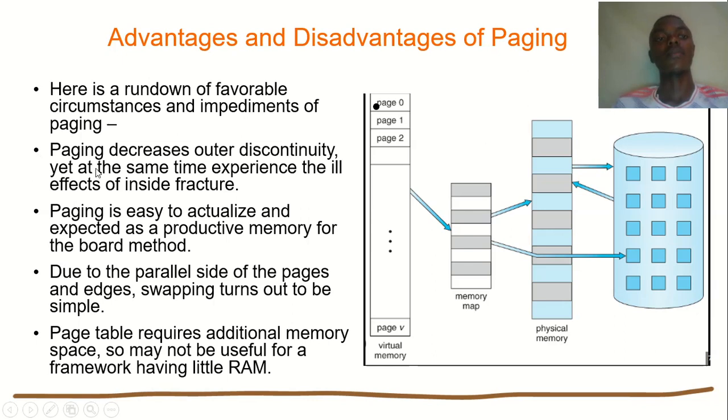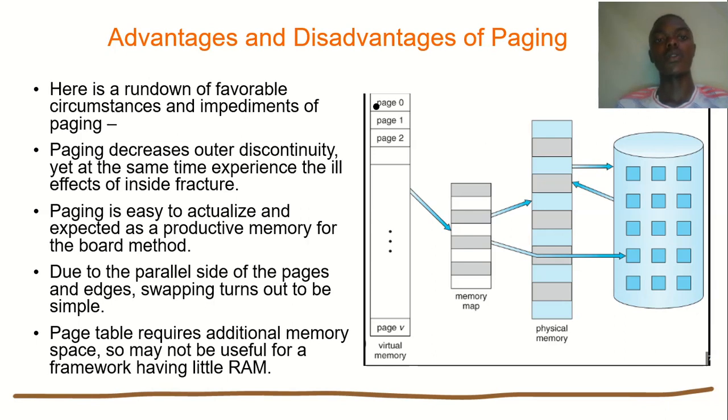As mentioned before, paging decreases the external fragmentation, yet at the same time experiences the ill effect of internal fragmentation. Like it decreases the probability of our systems to crash. That is fragmentation.